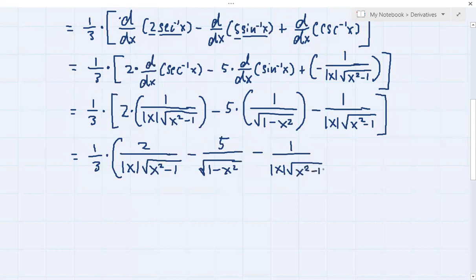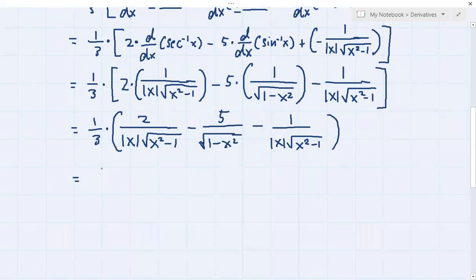Yung first term at saka yung last term, both of them are similar fractions kasi magkapareho sila ng denominator. So, we can add them together. Okay? Ipagdikit ko muna silang dalawa para di tayo mahirapan. So, let me copy the first term, which is 2 all over absolute value of x times the square root of x squared minus 1.